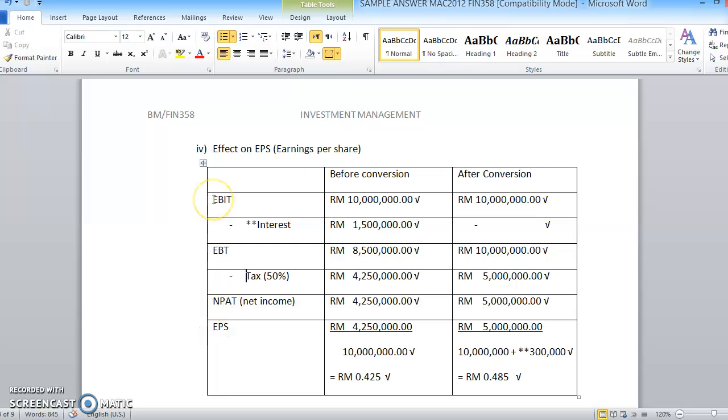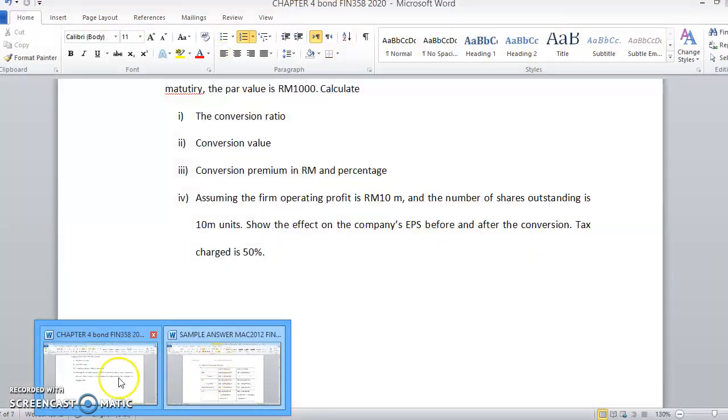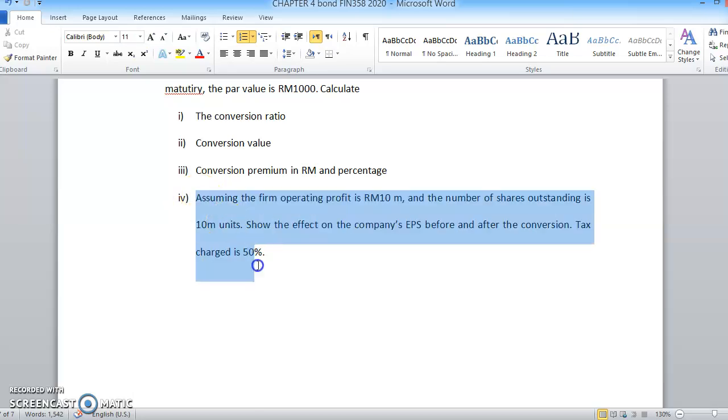I think you have been doing this previously in another finance subject, whereby it looks like your net income or net profit income statement, right? So this is the income statement normally. So we have to calculate starting from EBIT, using whatever information we have in the questions, right?